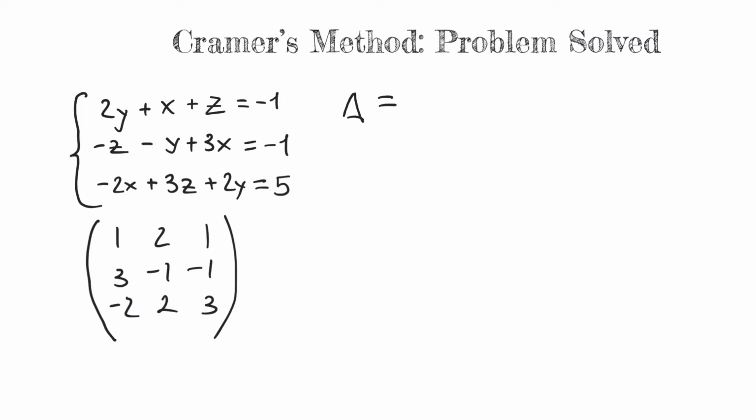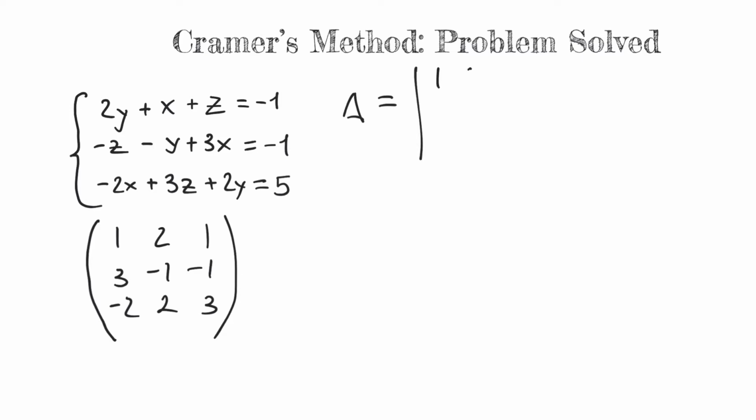And before we calculate it, let's use one of the properties of the determinant, that we can add rows or columns together to modify either a row or a column. And in this case, we will change the second row of our primary matrix, and we will do so by adding the first row to the second row.